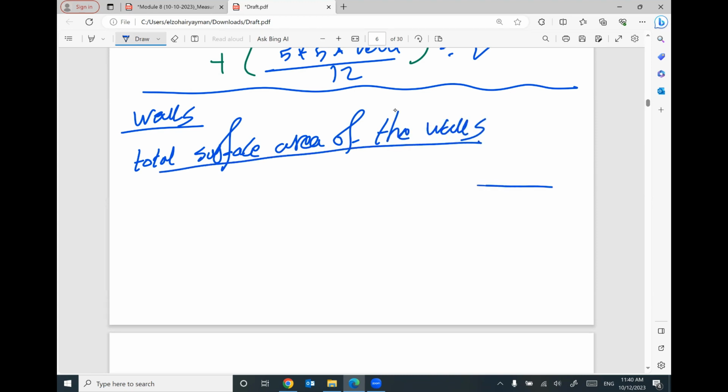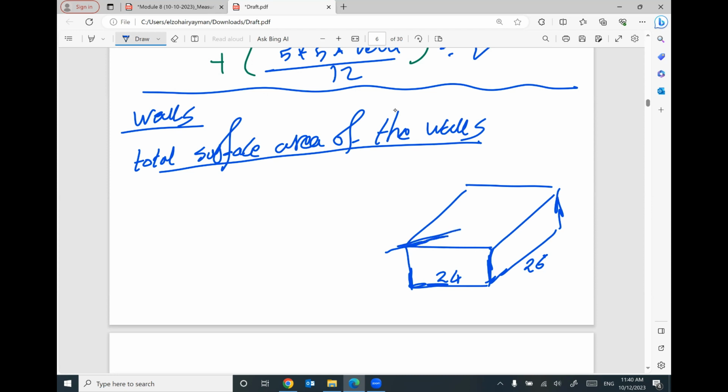Guys, keep in your mind, your room looks like this. I don't care about the roof. So we have 24. We have 26. And your roof looks like this.